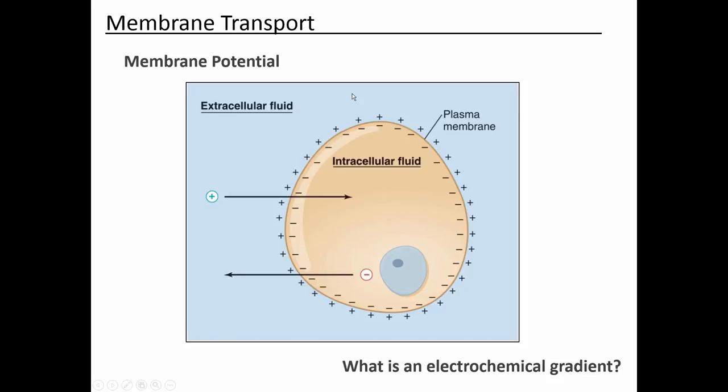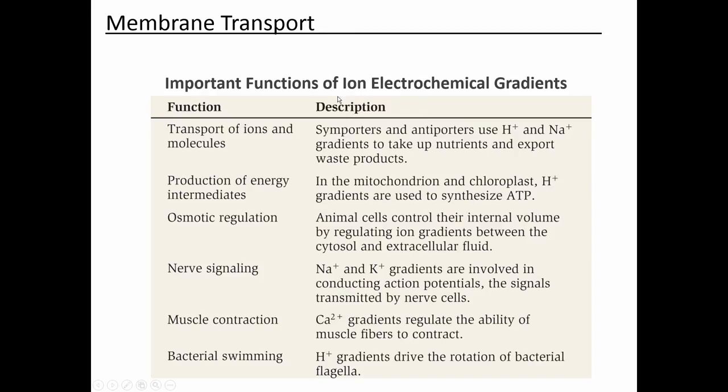Something that I'm not going to ask you to list out on an exam or quiz, but I think it's important to know, is that electrochemical gradients have a lot of different functions inside of a cell. I haven't told you this yet, but we'll talk about it in the next topic. Electrochemical gradients and concentration gradients are a form of potential energy, which is stored energy that you can use to do work.